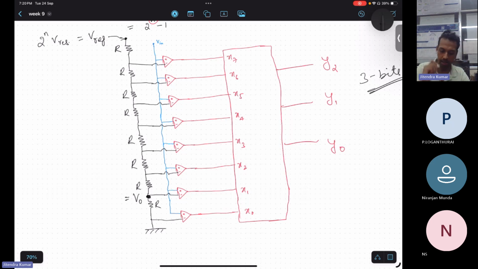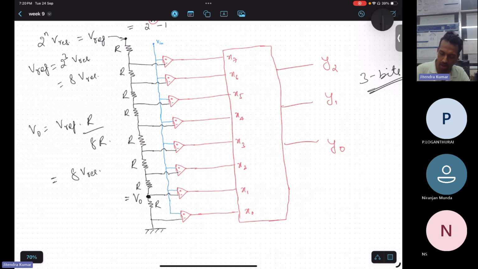Since we can write V reference as 2 raised to power 3 V resolution, which is 8 V resolution, V naught will be V reference into R divided by 8R, which is 8 V resolution into R by 8R. So V naught will be V resolution, isn't it? Did you get this part? V naught will be V resolution.